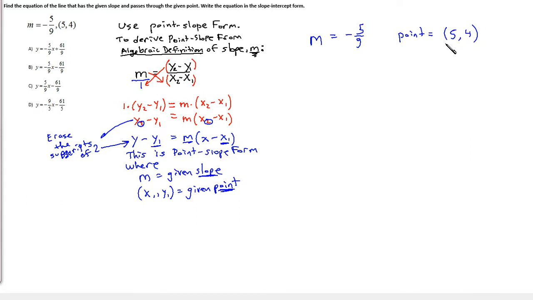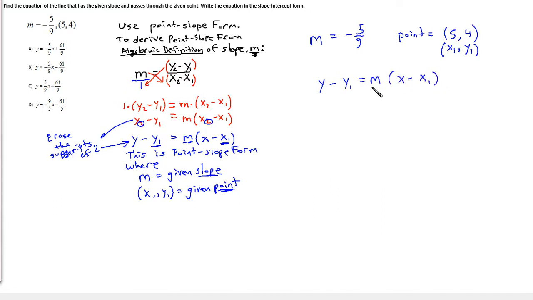We know that the first coordinate of an ordered pair on an xy rectangular coordinate system is an x, and the second number represents a y value. So 5 is x1, and 4 is y1. We're all set to substitute into y minus y1 equals m times x minus x1.